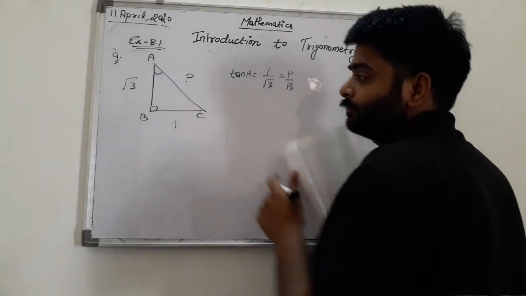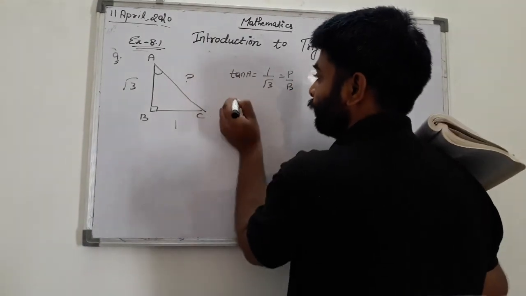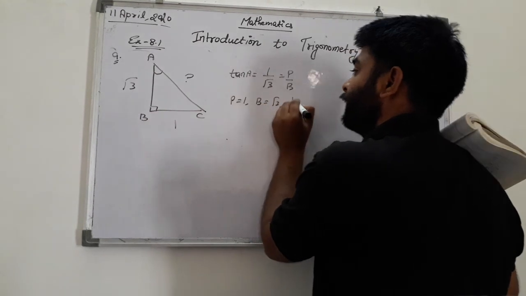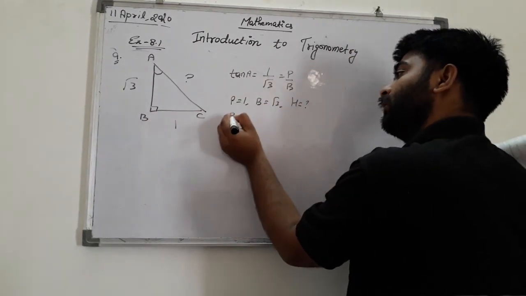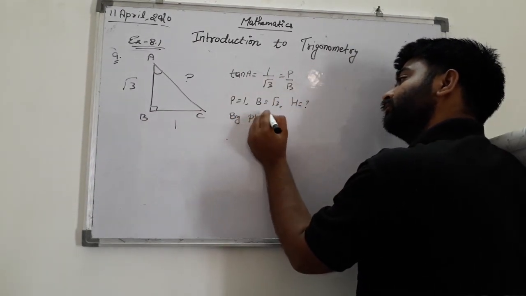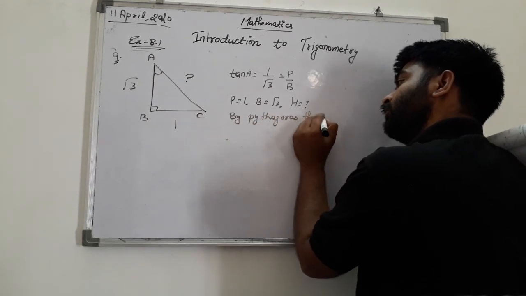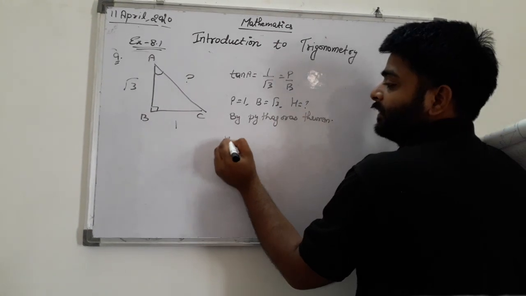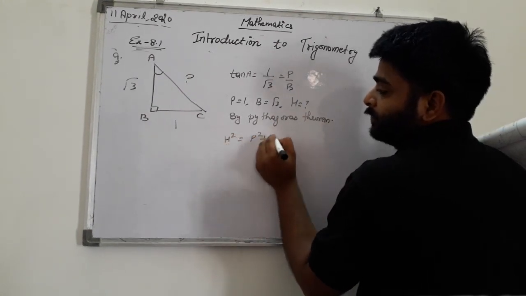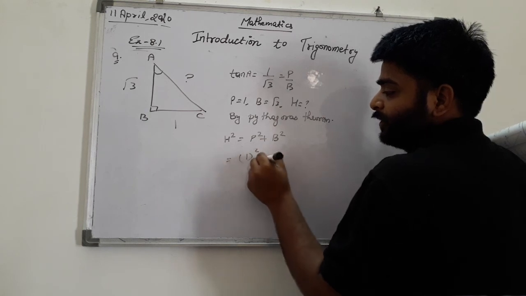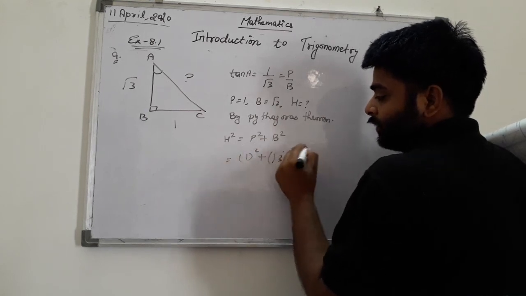So P is 1, base is root 3. We need to find H by Pythagoras theorem. H square equals P square plus B square. What is P? It's 1. What is B? It's root 3 whole square.